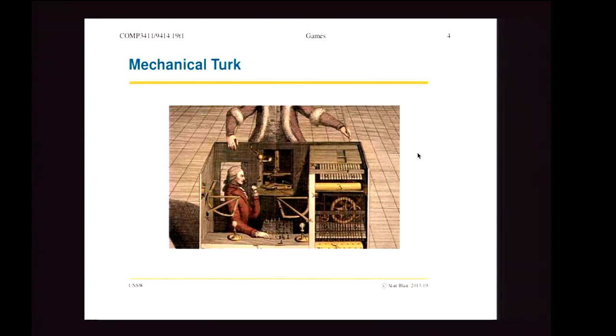And if you look at the videos, there are a few other explanations of how the thing worked. There was this mechanical arm. So obviously this was just a trick, but the important thing is it inspired other people to make things that were useful.